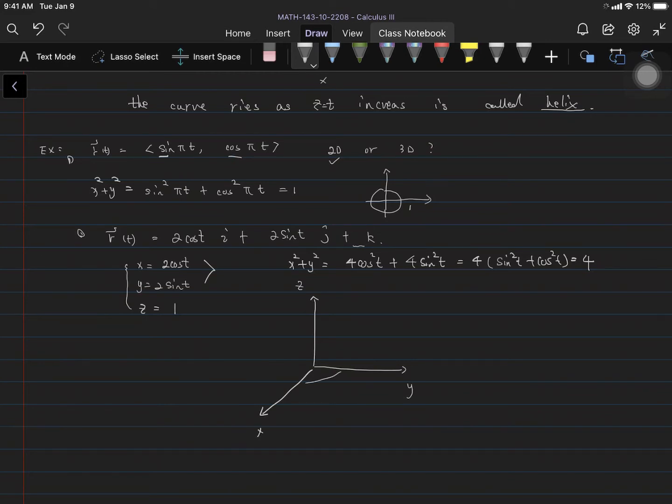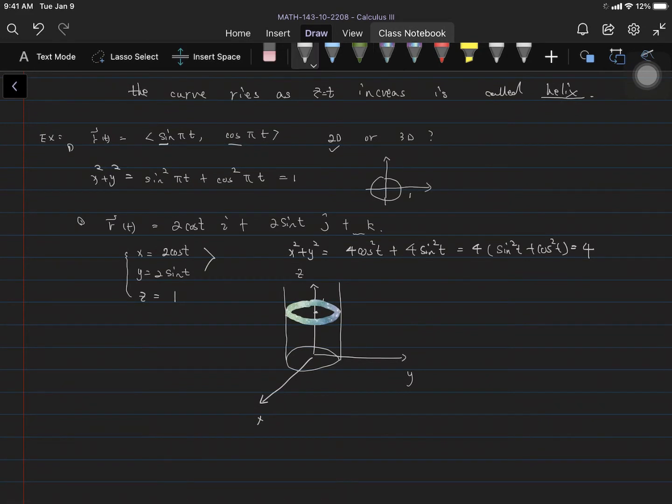On the xy plane, that's a circle with radius 2. If z can be anything, it's going to be a cylinder, right? But look at our last component, z equals 1. So x, y satisfy the circle and z has to be 1. So this is the graph for this curve. That's another exercise problem.